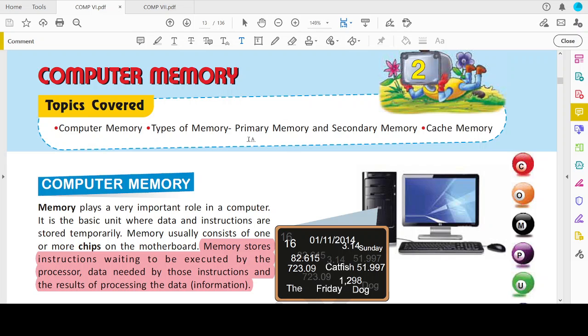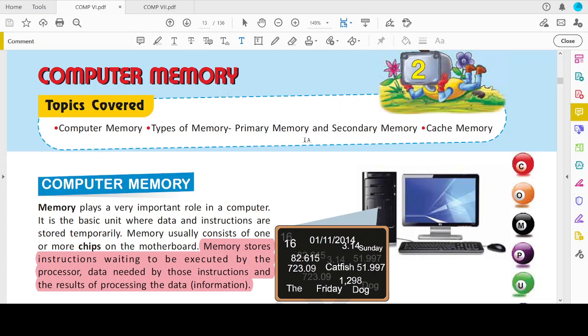The primary memory, or the RAM, is mostly volatile in nature. That is, it loses all its contents as soon as the computer is turned off.